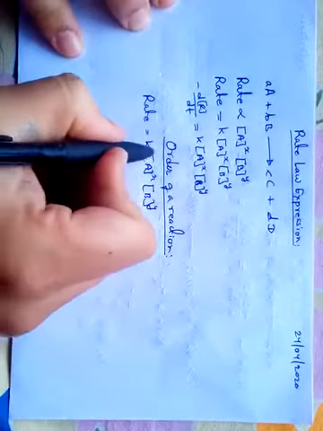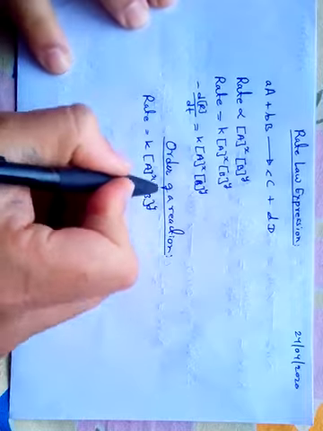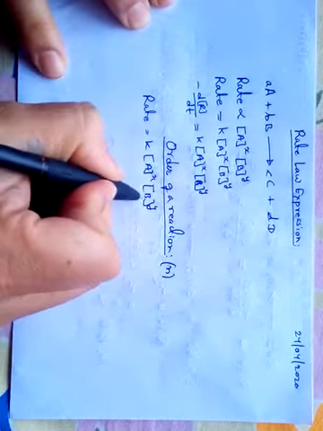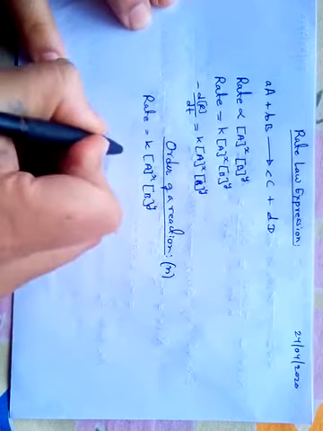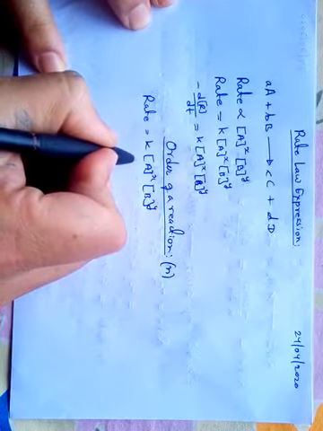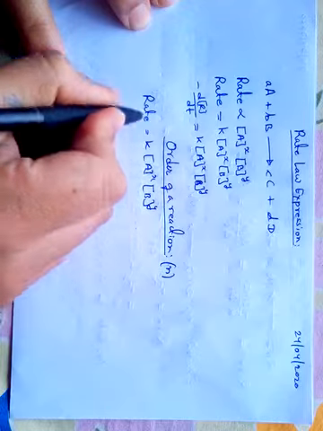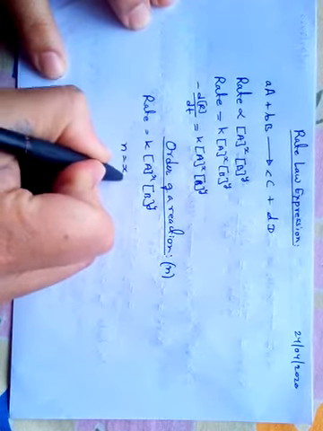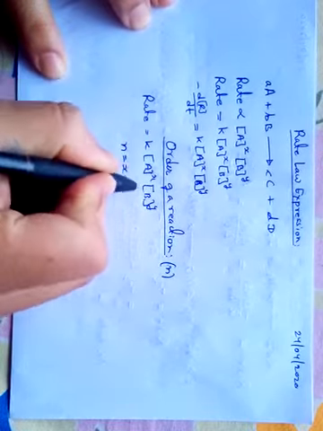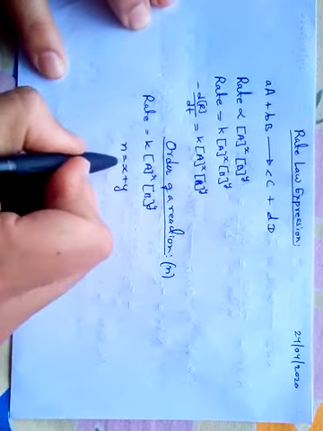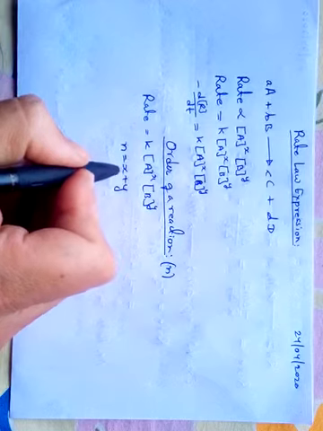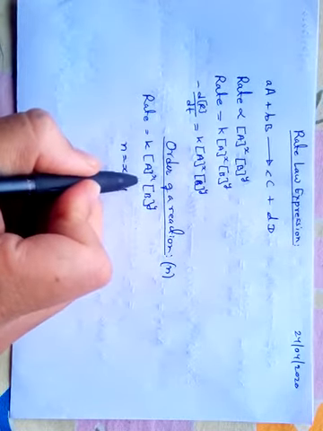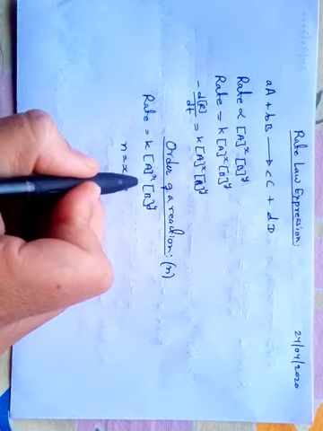The next topic is the order of the reaction. So what is the order of the reaction? The letter is small n. Order of the reaction is the sum of the powers of the concentrations of the reactants in the rate law expression.